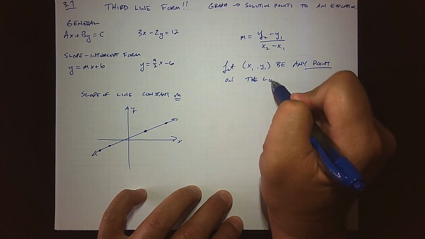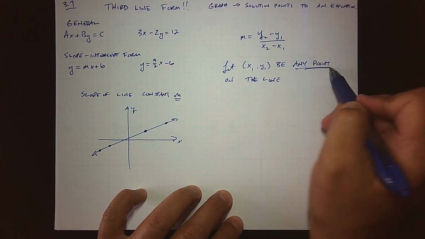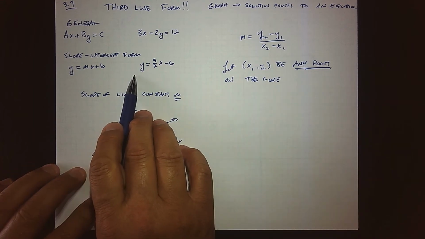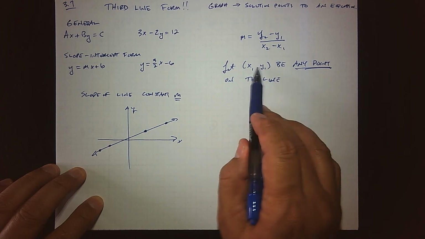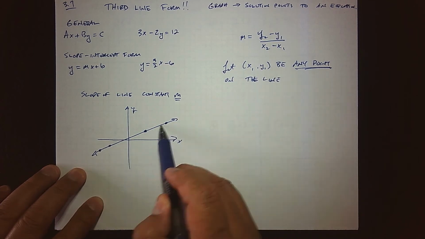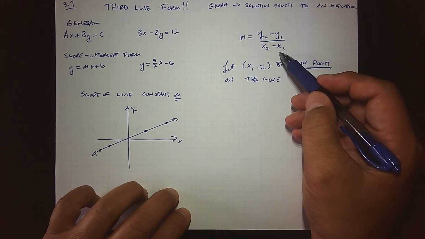Anything you can dream up. And that's what makes this form really strong. As opposed to the slope-intercept form where I needed the y-intercept, in this form I can use any point, and we know there's gazillions of them. There's an infinite number of points to choose from, which actually makes this pretty strong.